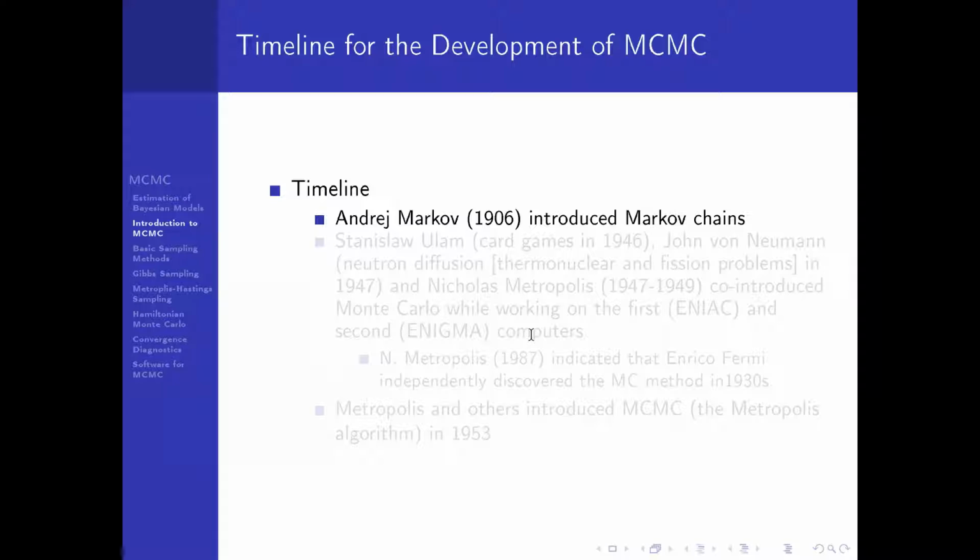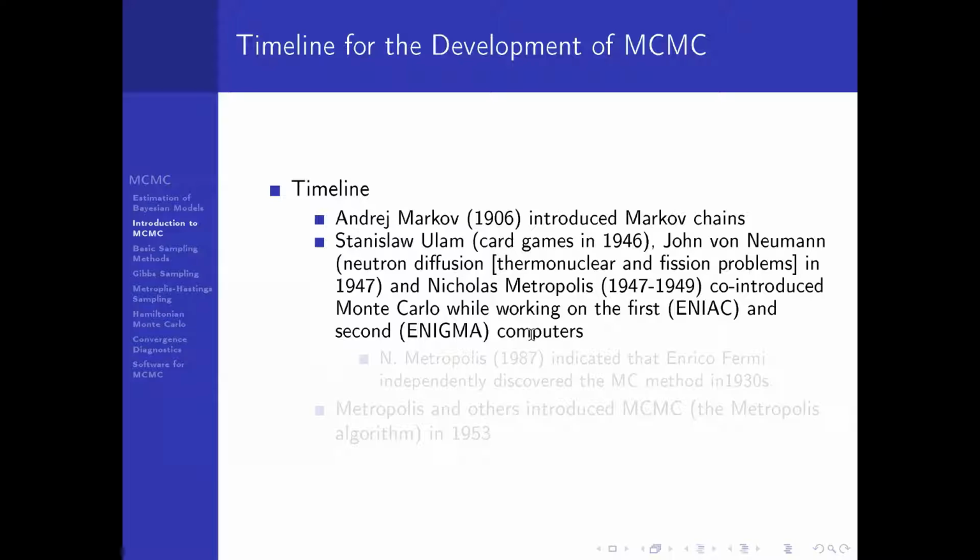Andrey Markov, a great Russian mathematician, introduced Markov chains in 1906. Stanislaw Ulam, while playing card games and trying to come up with a basic Monte Carlo method, called the inversion method, in 1946.